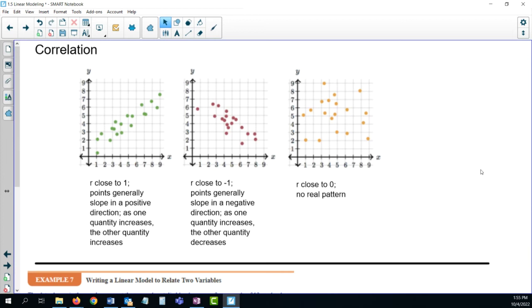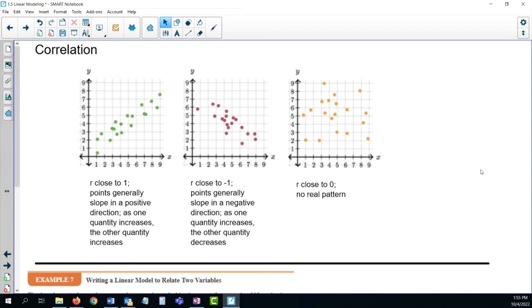I don't have a bunch of points scattered everywhere. These seem to have some kind of a pattern to it. So the closer those points fall to a straight line, the closer r, which is our correlation coefficient, is to 1. If my slope is positive, if I'm rising from left to right, r is going to be closer to 1.